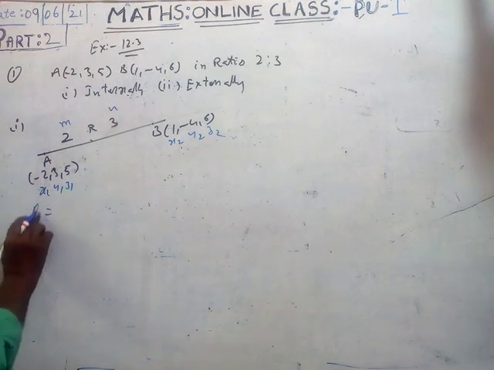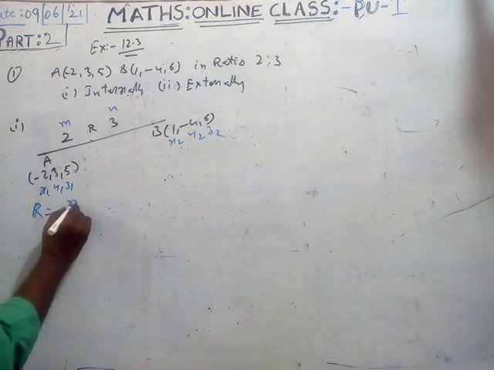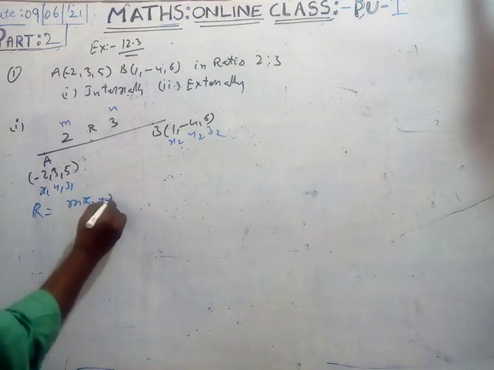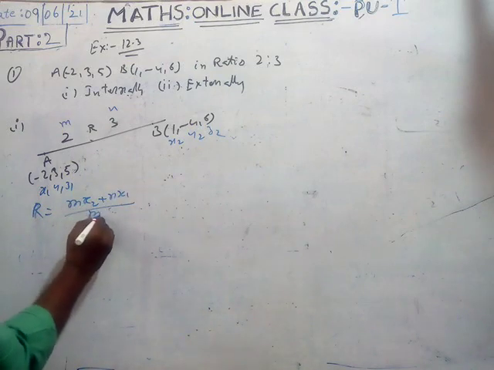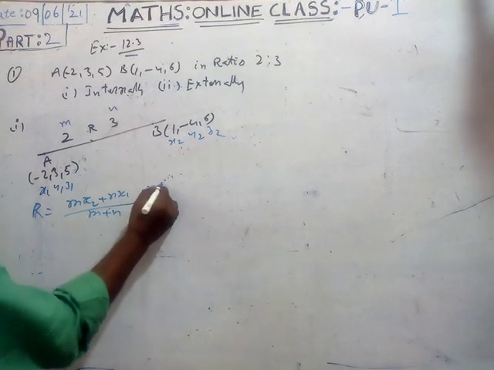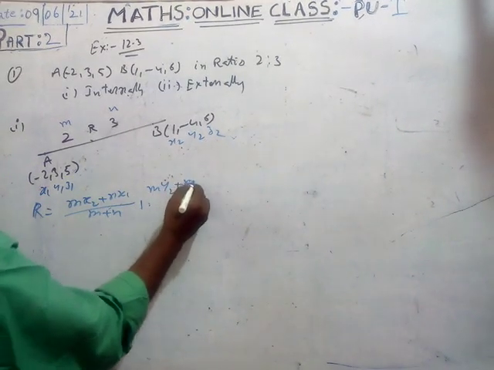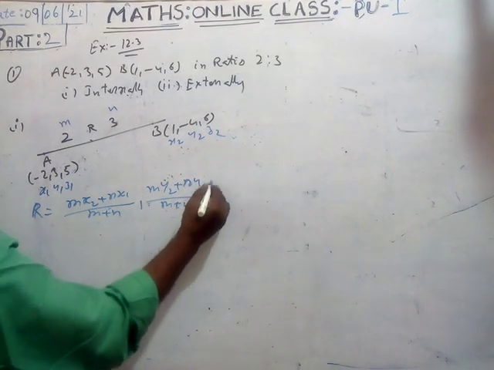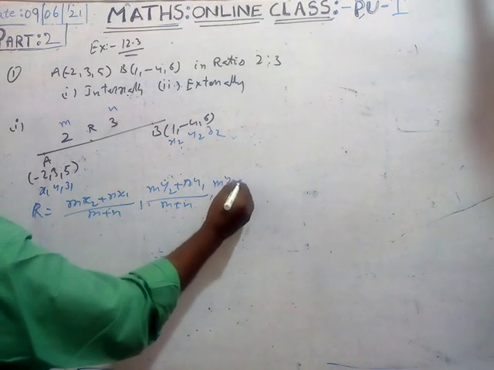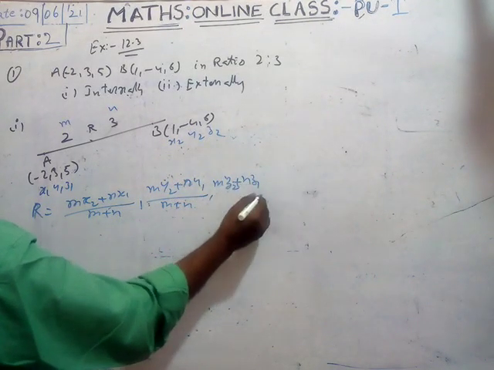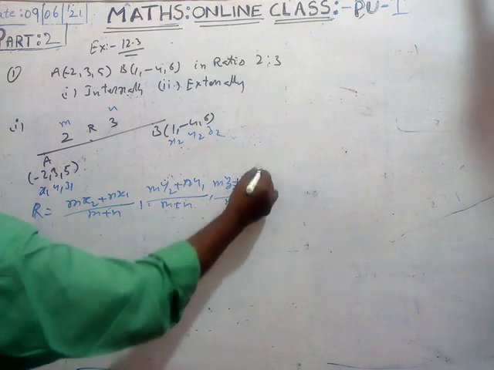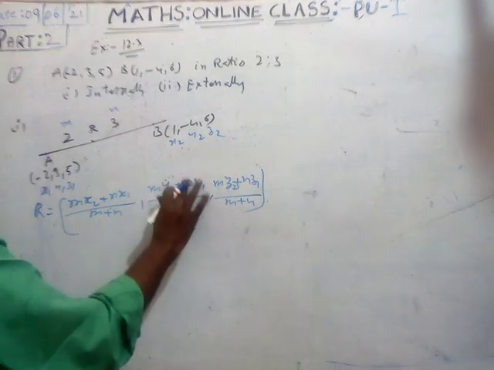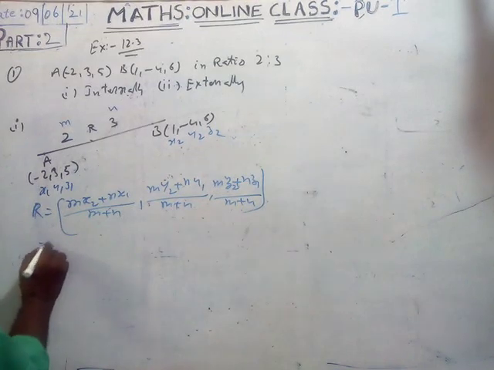Now what is R? R is equal to M x2 plus N x1 by M plus N, M y2 plus N y1 by M plus N, M z2 plus N z1 by M plus N. Now you substitute.